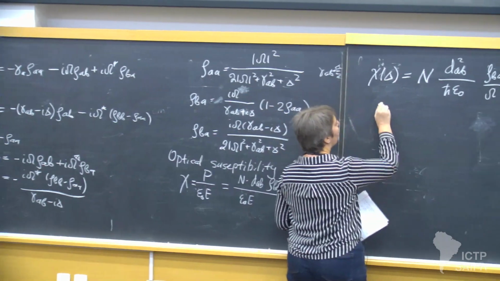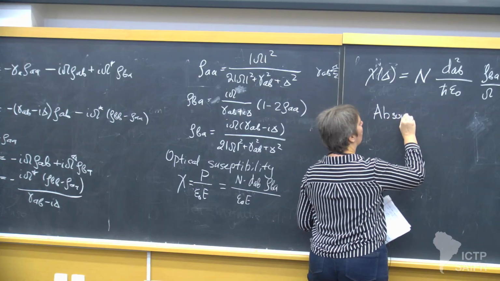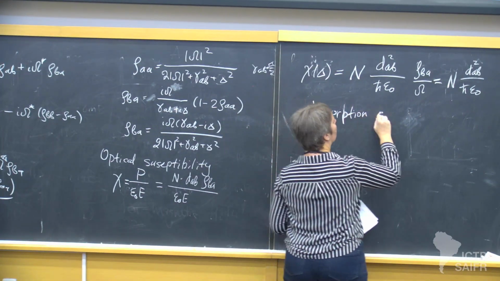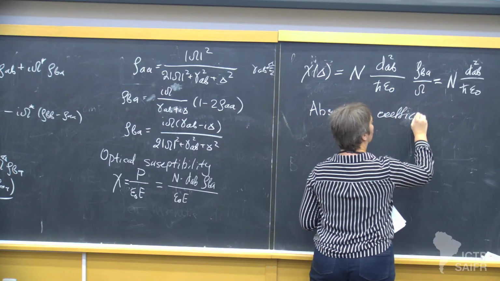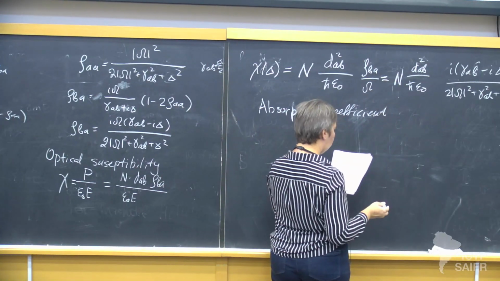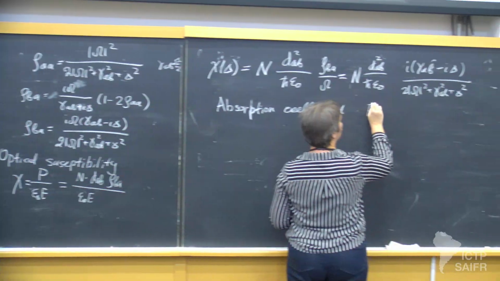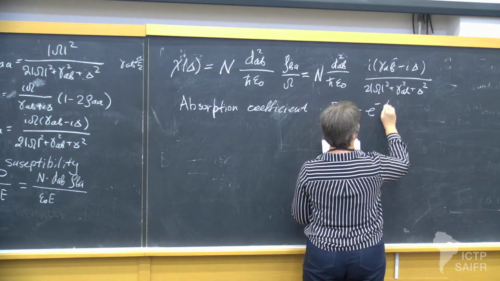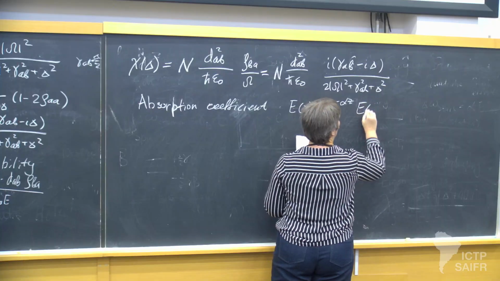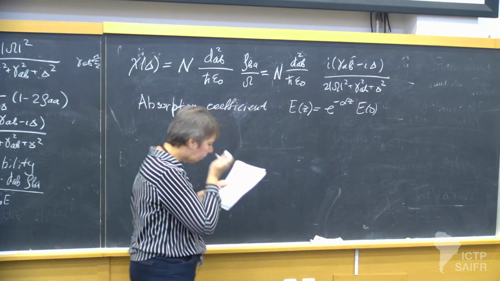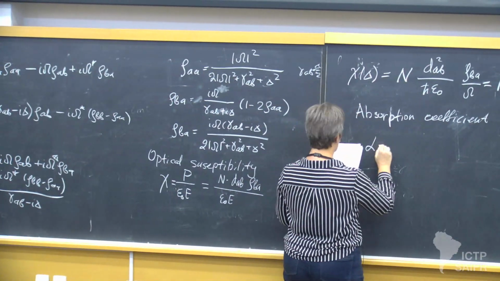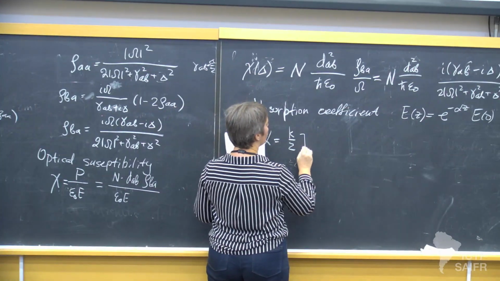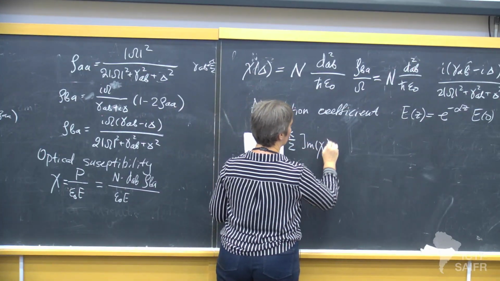So, the absorption coefficient. The way I define it is that the electric field of a laser, as it propagates, is going to be e to the minus alpha z of its initial value. So the absorption coefficient is equal to k over 2 times the imaginary part of the susceptibility.